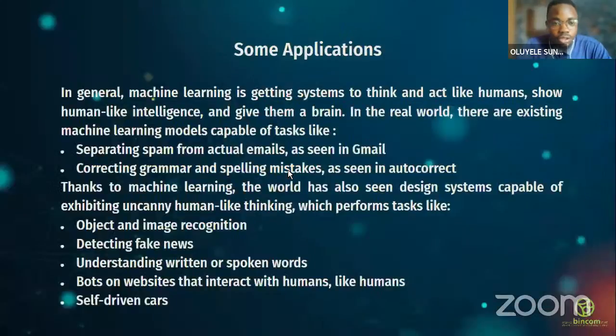And looking at machine learning in general, we said we want them to behave like humans, and this can make them perform certain tasks, like separating spam from actual emails.